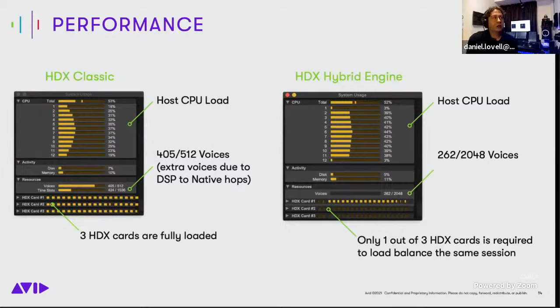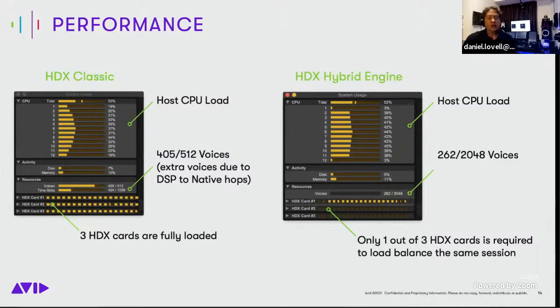So in the item you can see on the right there has some load balancing. What I mean by load balancing is some of the tracks have been placed into DSP mode just to make it a little bit easier for the CPU to play back. And as you can see, there's actually still quite a lot of room for this session on the HDX hybrid engine to expand, to grow larger.